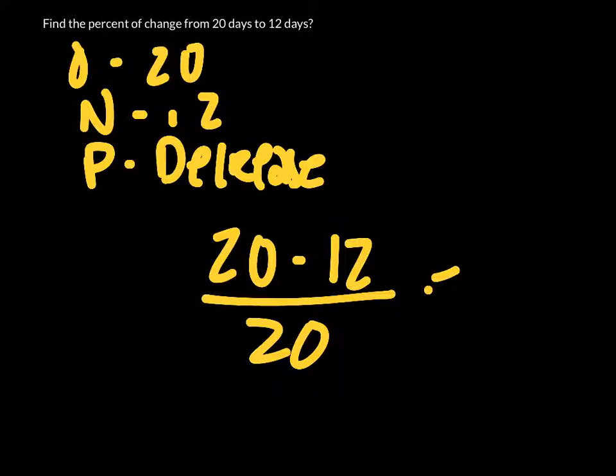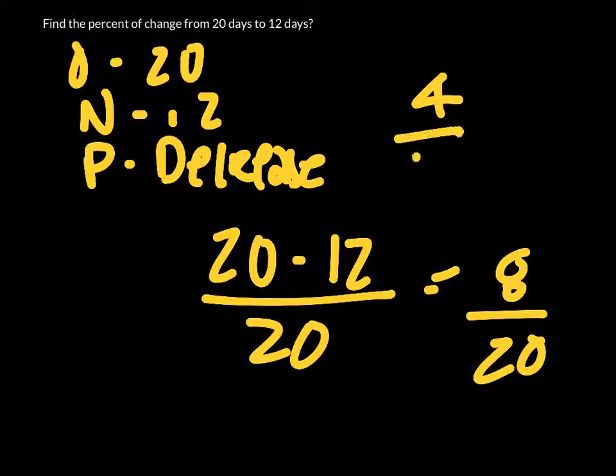which is equal to 8 over 20. And if you divide by 2, it would be 4 over 10, 2 over 5.